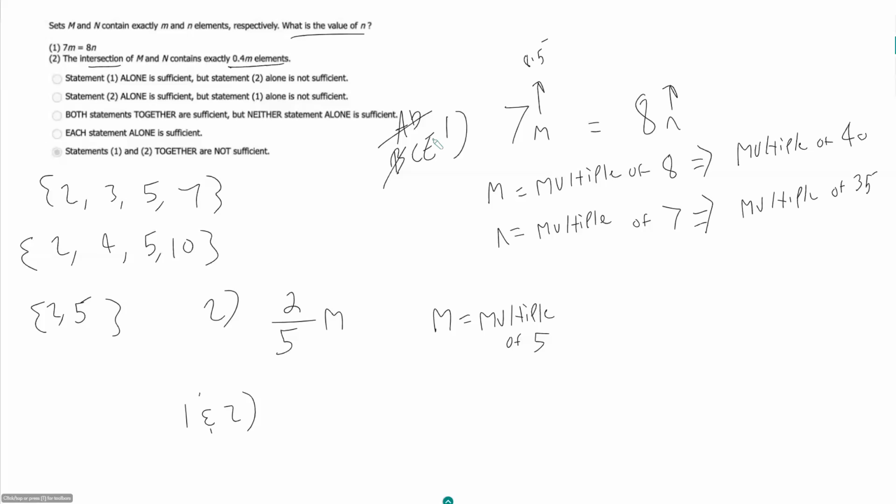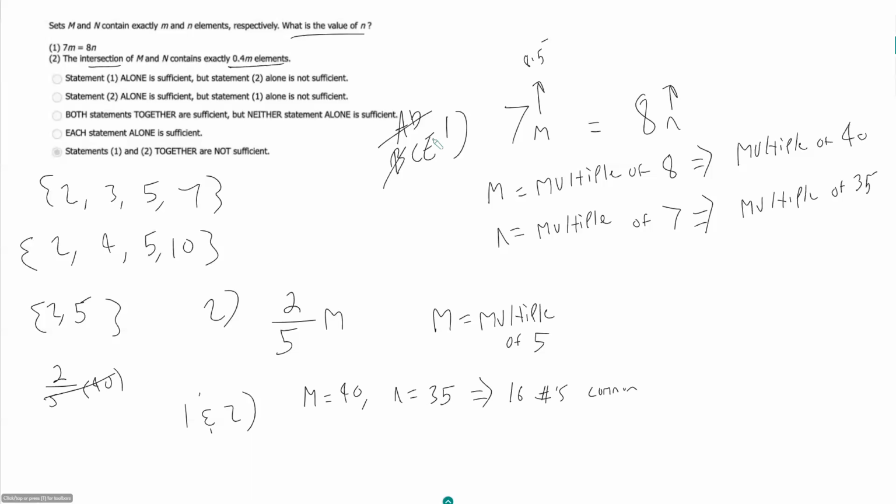Now, they're saying we need the exact value of N, and just knowing that it's a multiple of 35 is not going to be enough. We can have one possibility where M has 40 numbers in it, N has 35 numbers in it, and in this case they have 2/5 times 40, 16 numbers in common. But that's not really super relevant.